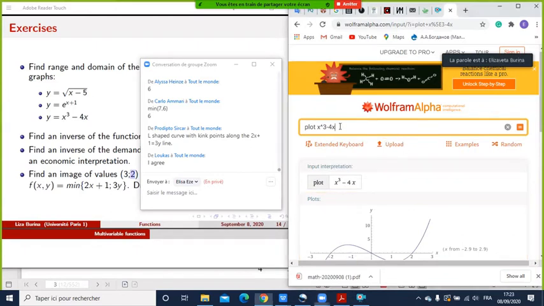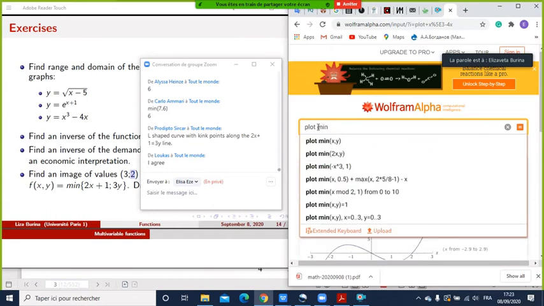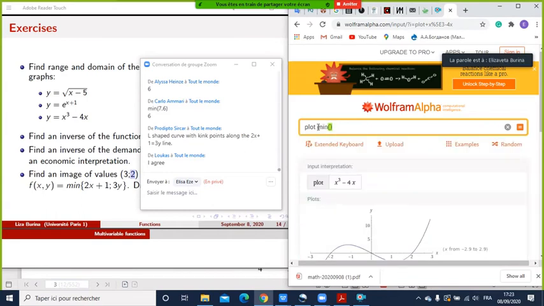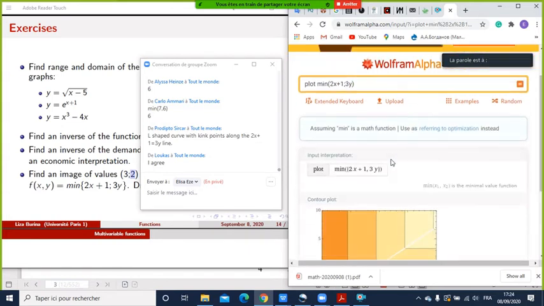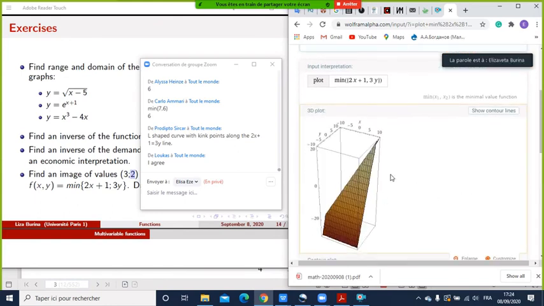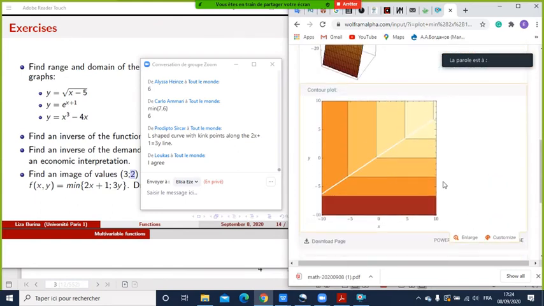Let's try and see if we can. Oh, we can. 2x plus 1, 3y. Okay, no, the other one was better here. Alright, great. So this is how it's going to look.